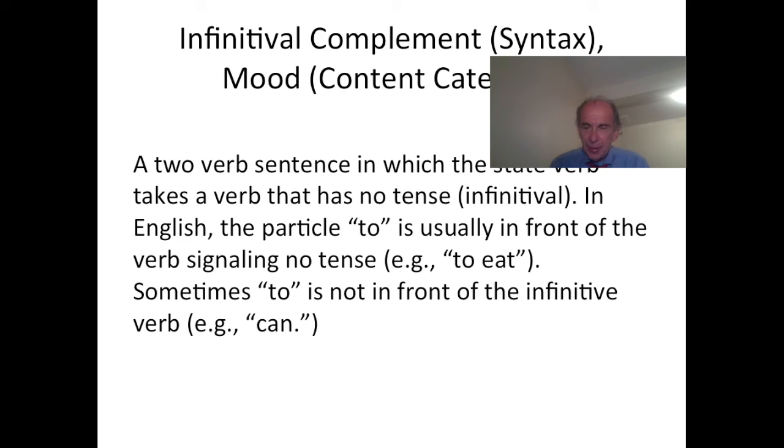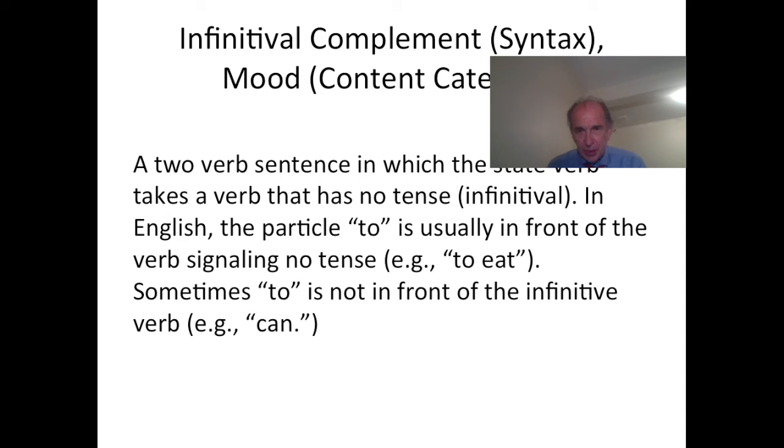It's a little word. It's a function word that signals no tense. So in English, to eat is the infinitive form of eat. Sometimes to is not in front of an infinitive form. Can, we don't say in English to can. We just say can. But can itself can be infinitive.